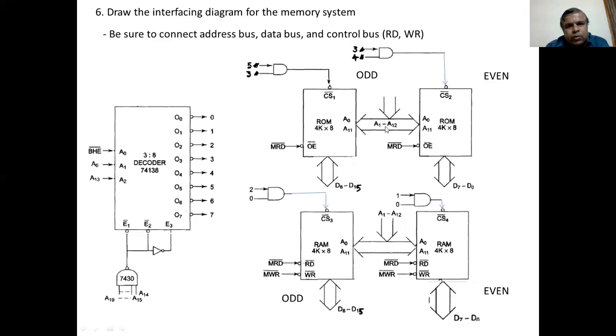So then both addresses in even and odd banks are selected. So then a word transfer happens on the data bus pins D0 to D15. So low byte transfer happens on D0 to D7, high byte transfer happens on D8 to D15.